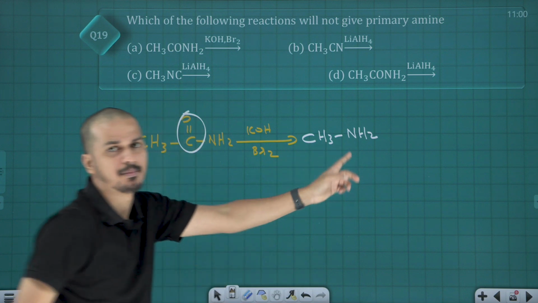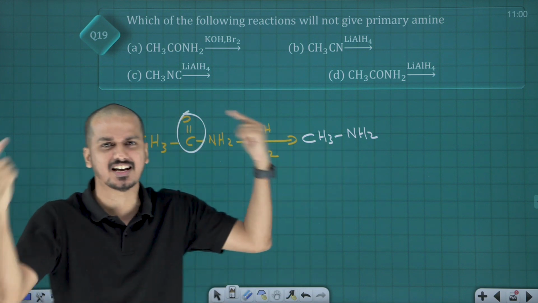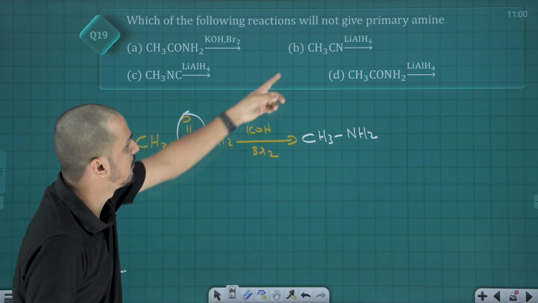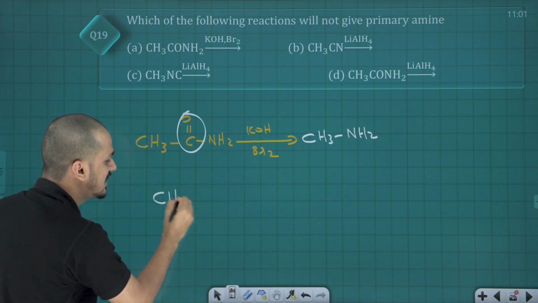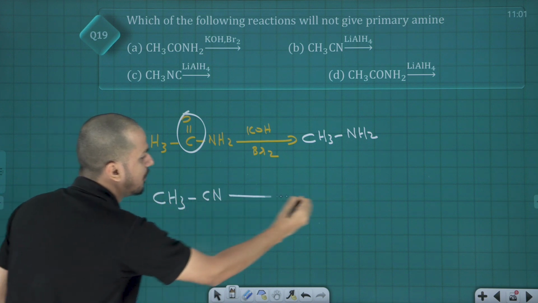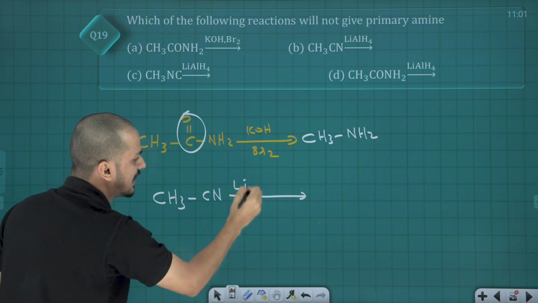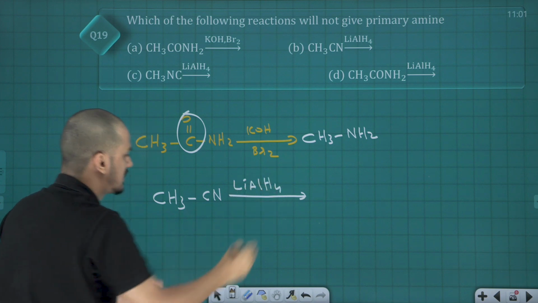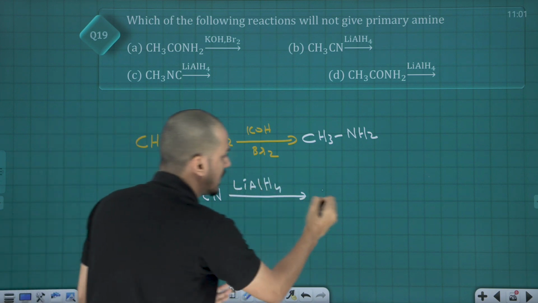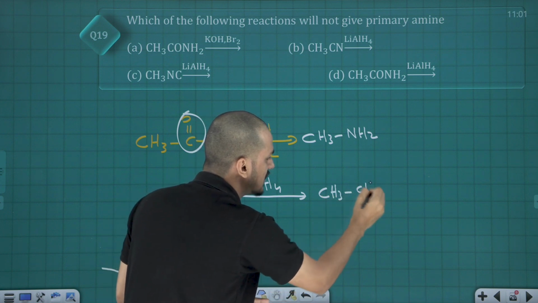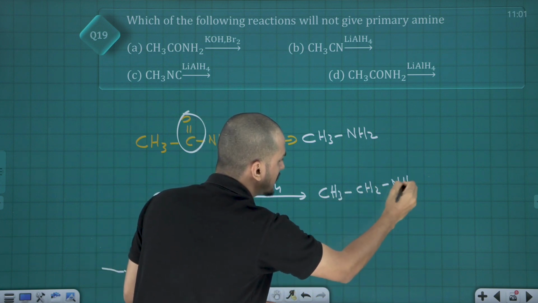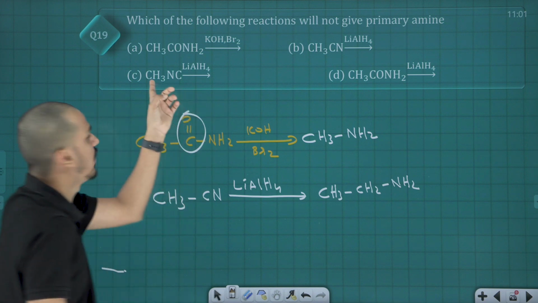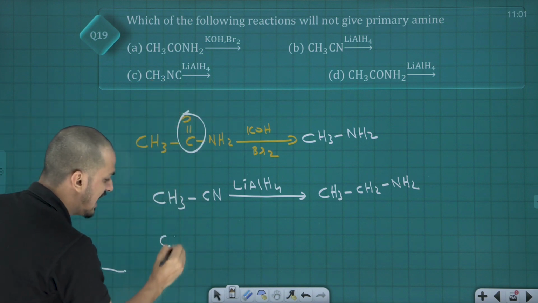It is a primary amine. You remember, I know. Then the second one, CH3CN, a cyano compound, on reduction with lithium aluminium hydride will give CH3CH2NH2. That is also a primary amine. What about the third case? CH3NC.